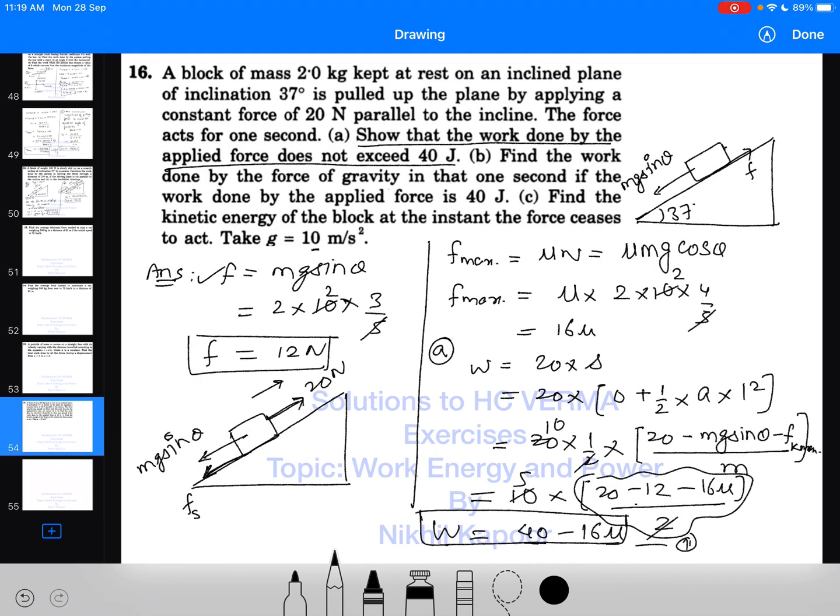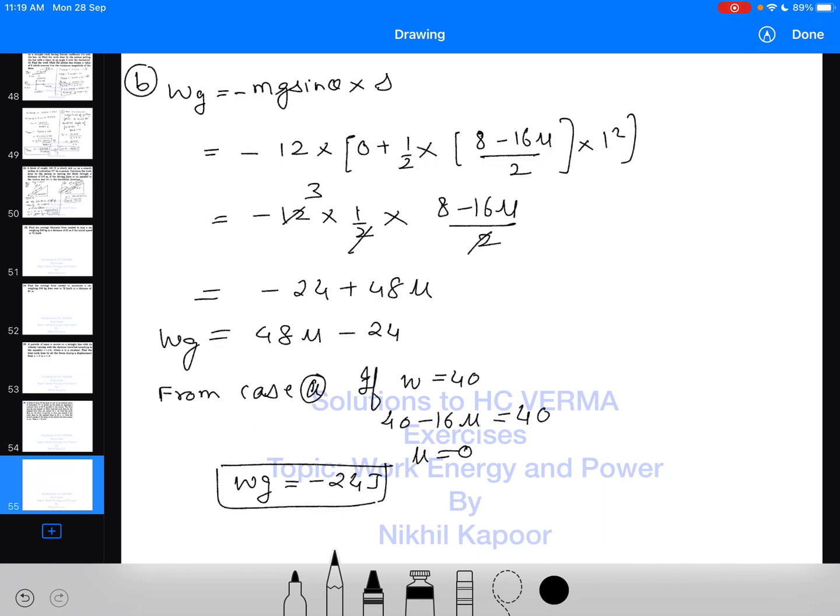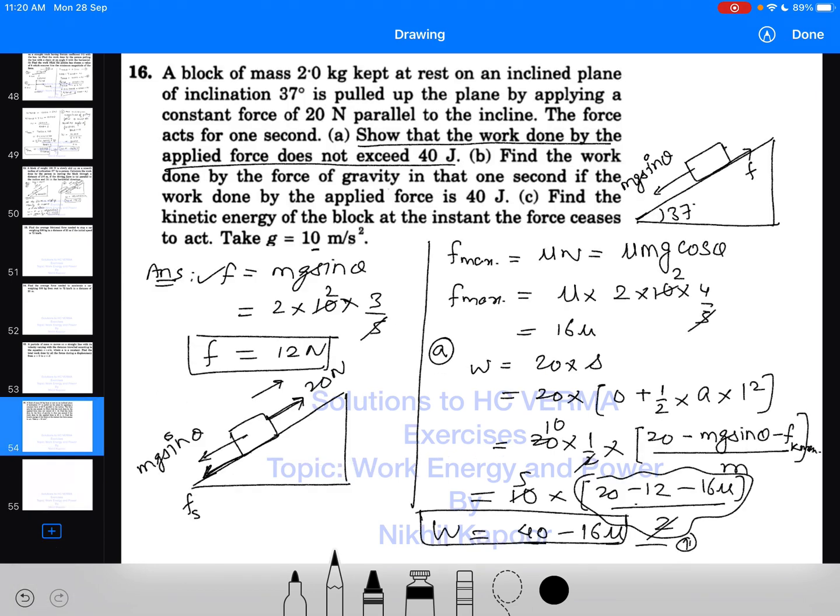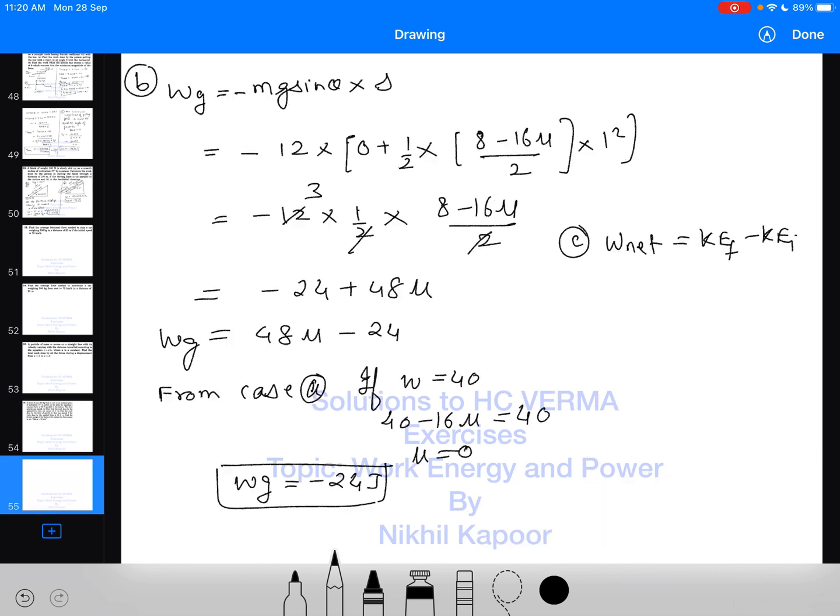Now third, find the kinetic energy of the block at the instant the force ceases to act. So here net work done is nothing but kinetic energy final minus kinetic energy initial. So the net work done will be work done by gravity plus work done by the applied force, which is equal to the final kinetic energy, half m v square, and initially it is at rest.